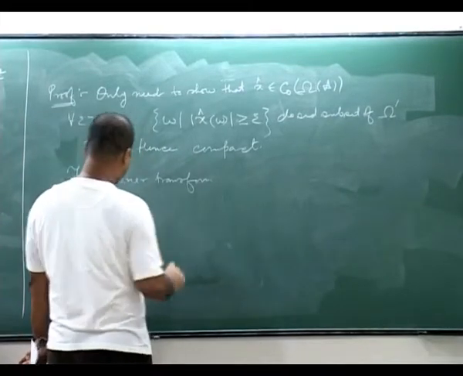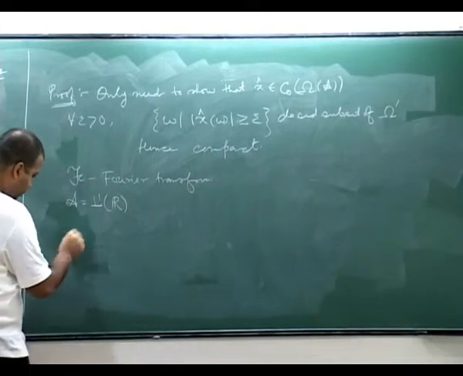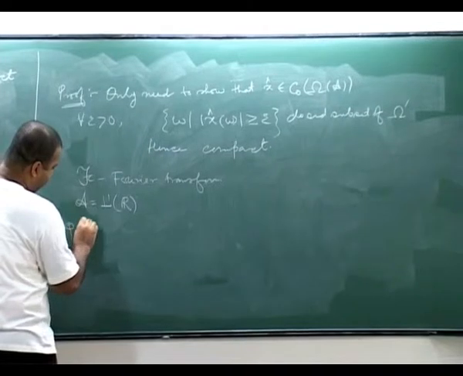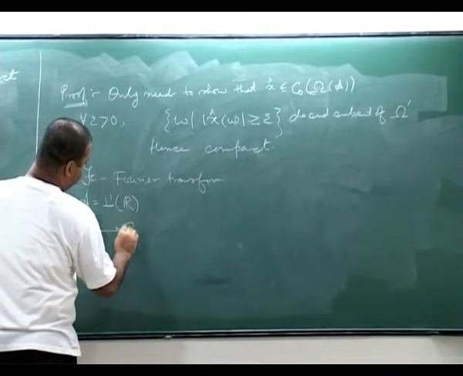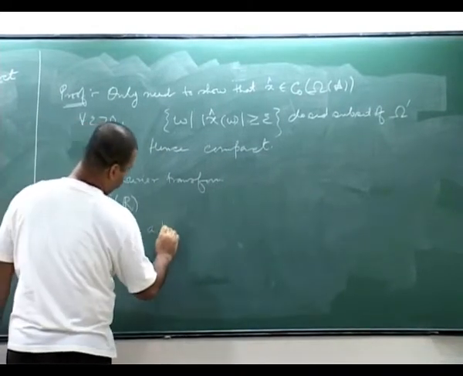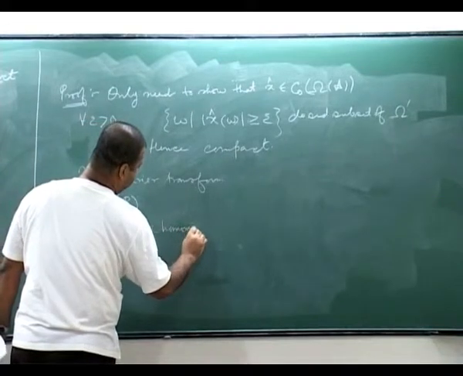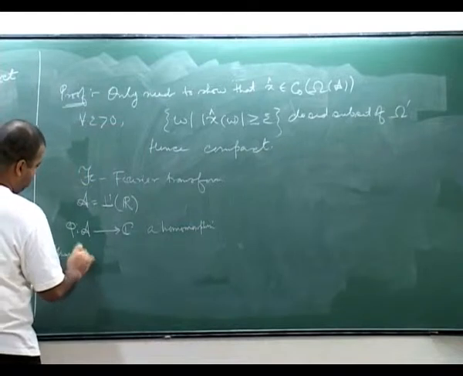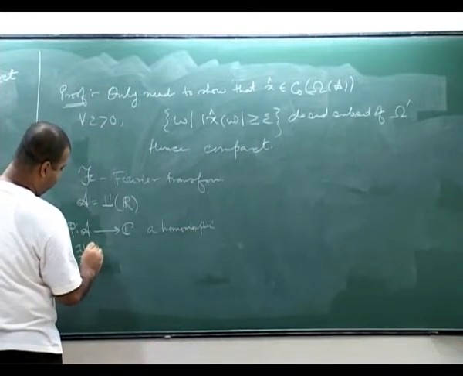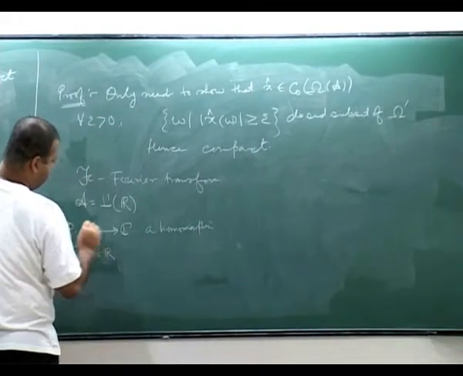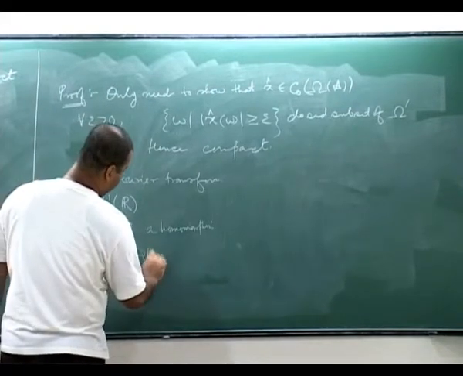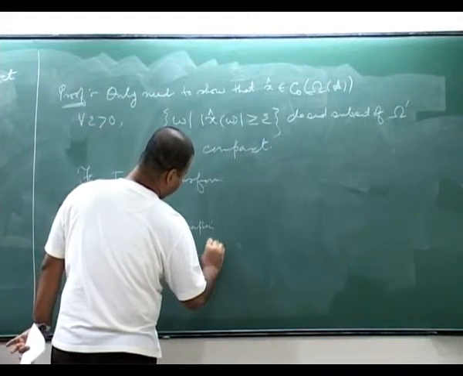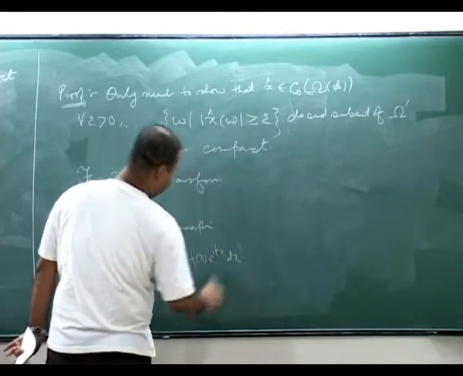The exercise was, if I have a homomorphism, say phi from A to C, then there exists, of course one can prove that, a unique point t in R such that phi of f equals the integral f(x) e to the power i t x dx.